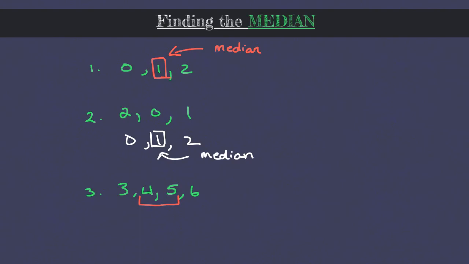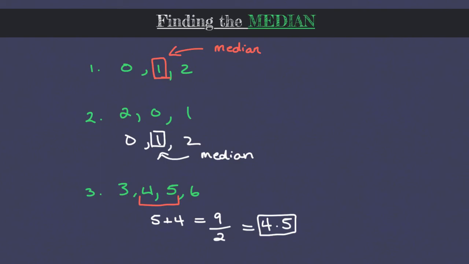So the way in which you find the average of these two numbers is you're going to find the sum of the numbers and divide it by 2. So 5 plus 4 is equal to 9, divided by 2 is going to be 4.5. So our median, based on the data set in this example, is 4.5.